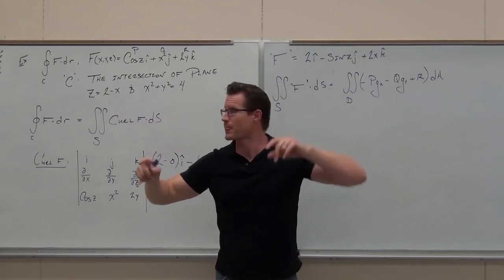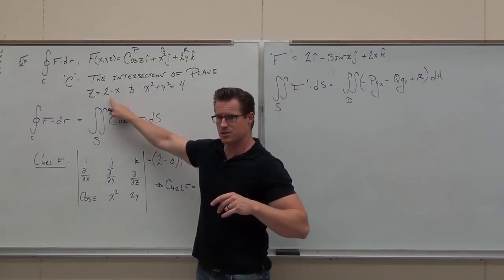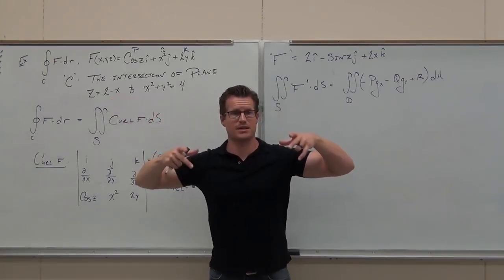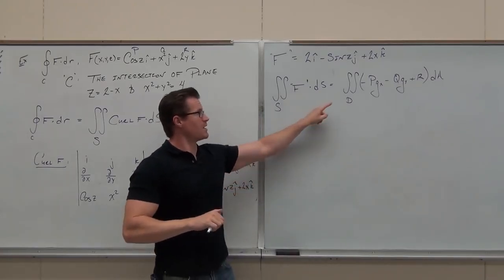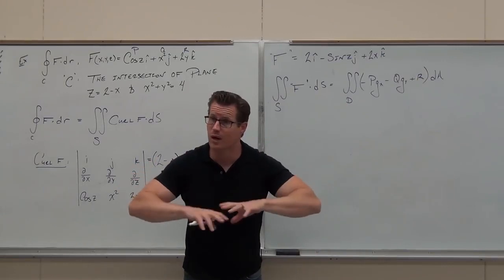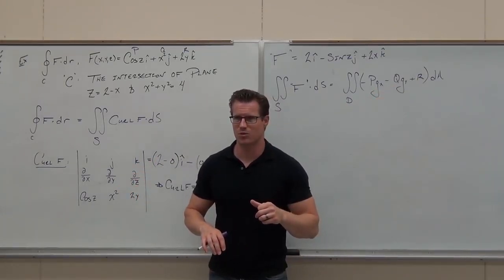Does that make sense? This can be used as that surface if we also look at this thing as the region that contains that as the projection. Because remember what this does. This says that D is the region as projected onto the xy plane where z is a function of x and y. Is this making sense to you? Say it one more time.